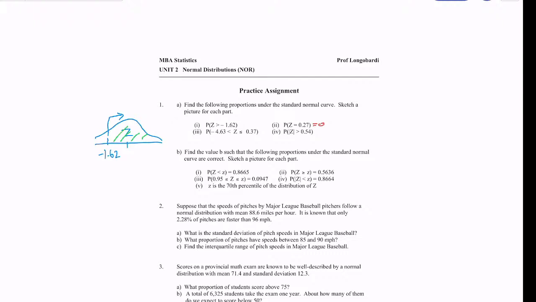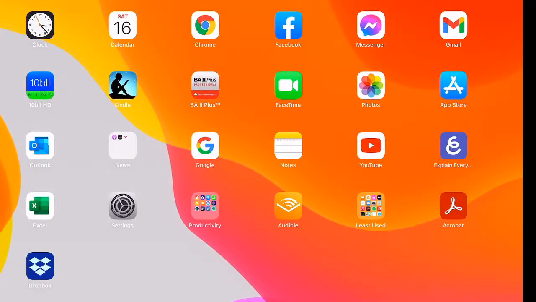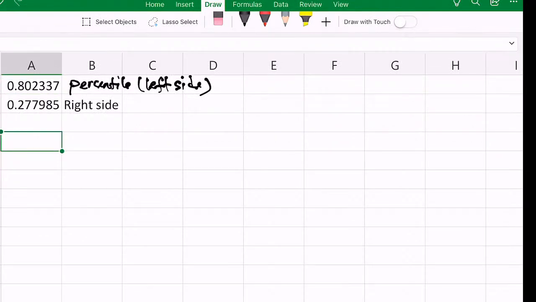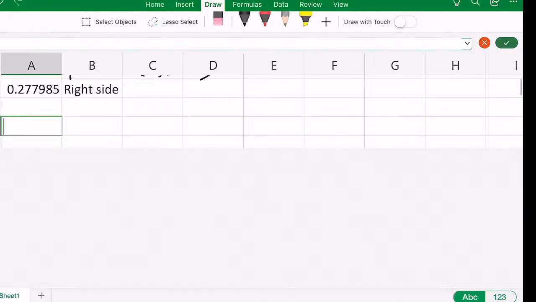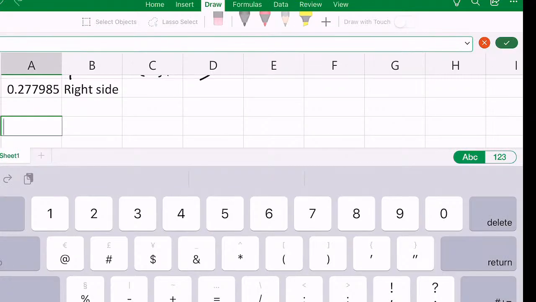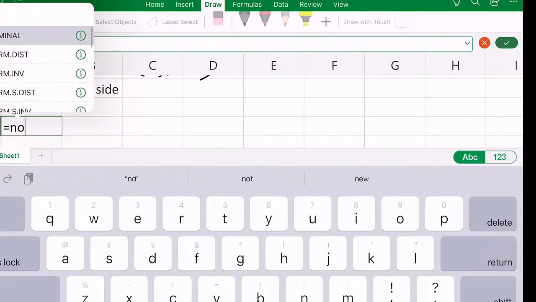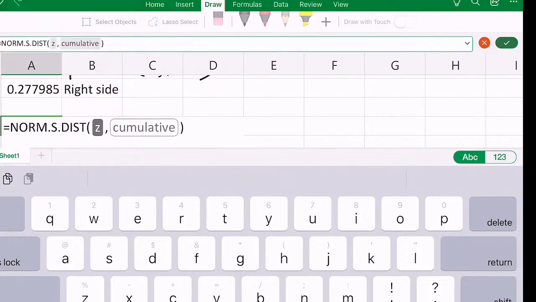So remember the number negative 1.62. I go to Excel and I ask Excel to compute. That's not what I wanted to do. Equals negative, no, equals norm, negative 1.62.